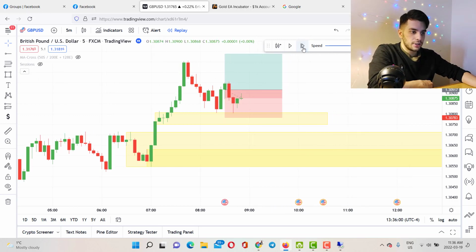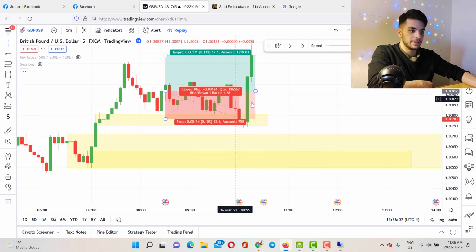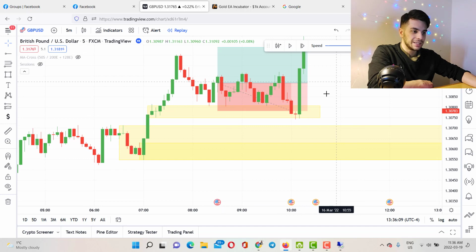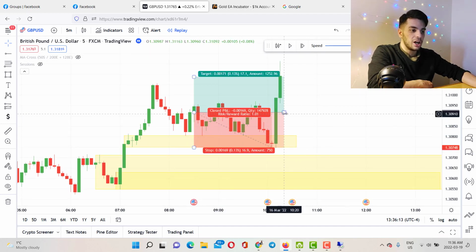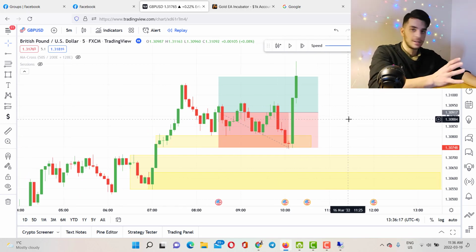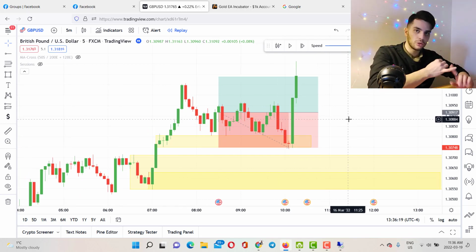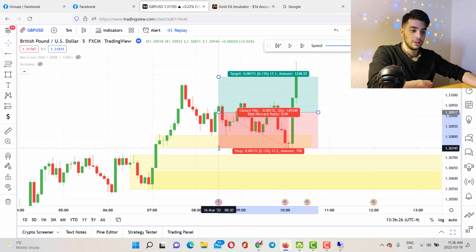So in this case, I don't know what's going to happen. Okay, so I still didn't get stopped out. Okay, see, I got stopped out here, and then it literally shot up. So even if I wanted to put my stop loss here, I still would have got stopped out. So see, you didn't make a mistake, everything was good, it was according to the trend, we had a golden zone, we took our trade based on our bullish engulfing candle here, and our stop loss was in a really good place.